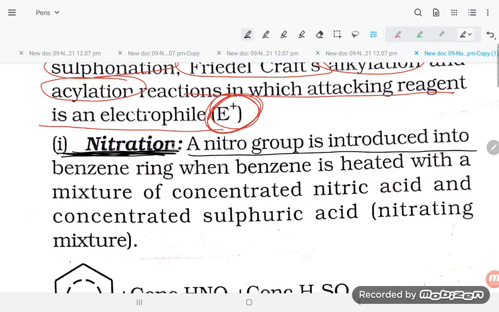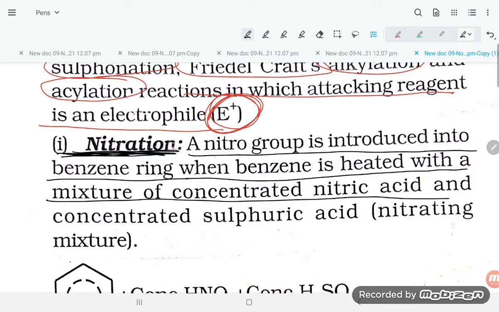A nitro group is introduced into the benzene ring when benzene is heated with a mixture of concentrated nitric acid and concentrated sulfuric acid, that is the nitrating mixture.